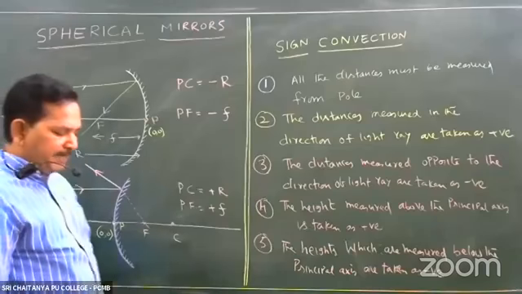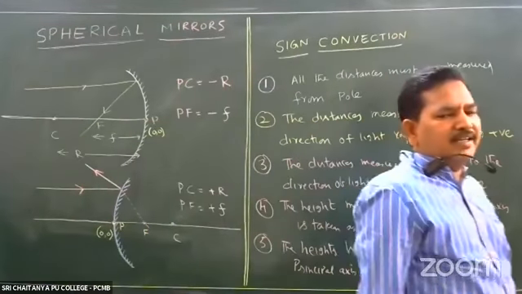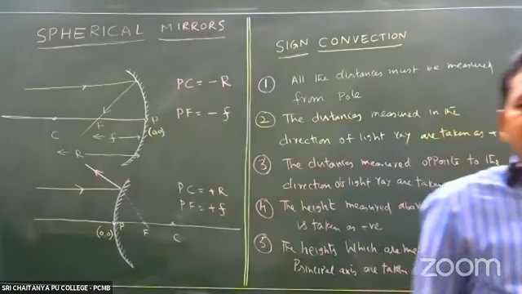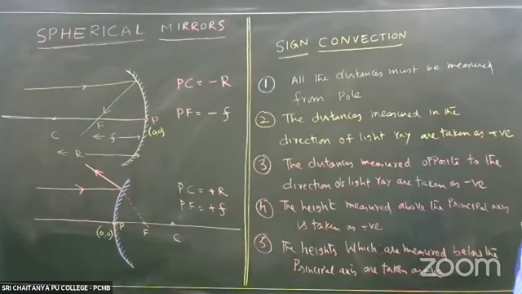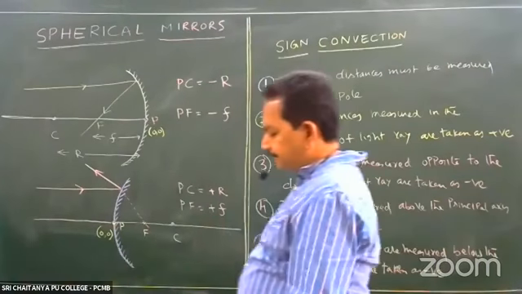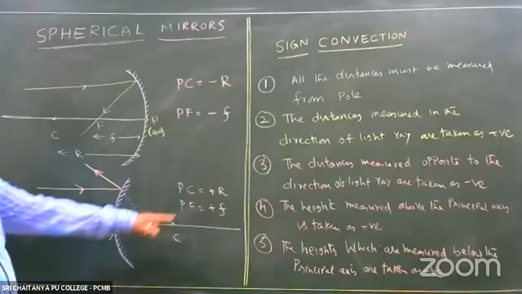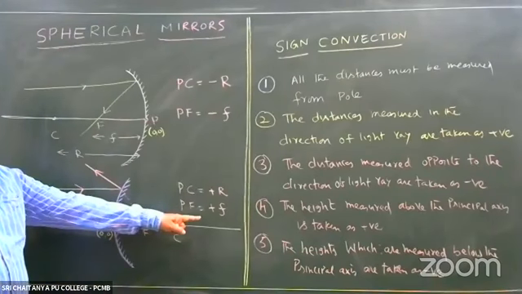So we have to keep in mind, in case of concave mirror, the radius of curvature is minus R and the focal length is minus F. In case of convex mirror, the radius of curvature is plus R and the focal length is plus F.